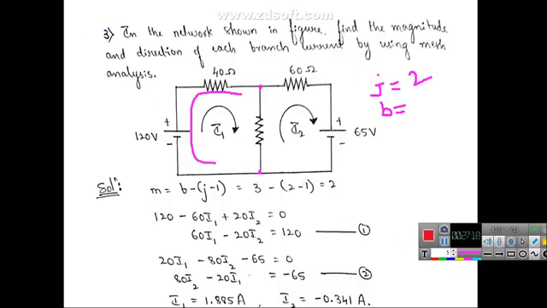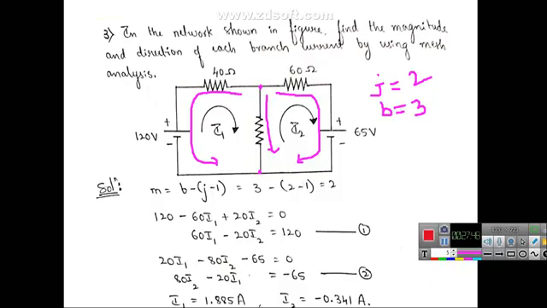That is the 60 ohm and the source of EMF coming across the pair of junctions. So this is one branch. Similarly, the 60 ohm and 65 volt, so this is another branch. And then between this and this is another branch. Therefore, 3 branches.